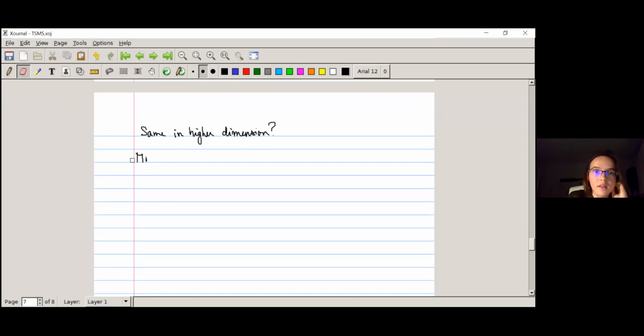So the lemma to prove the theorem is the following.